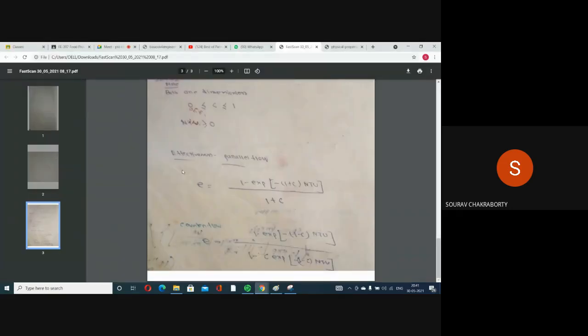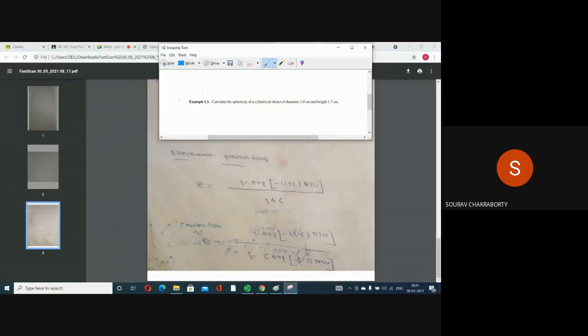So what are the different formulas? The first one is for parallel flow.